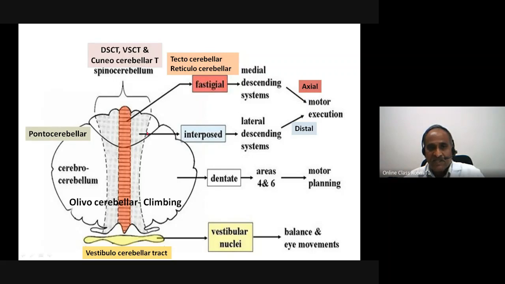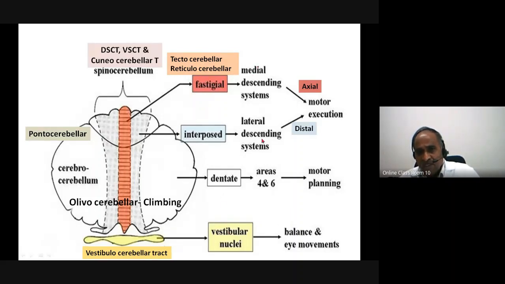The interpositus is in the intermediate part of the cerebellum. It has 2 nuclei, nucleus emboliformis and nucleus globosus. And this central part has the fastigial nucleus. The flocculonodular lobe shares the vestibular nuclei in the medulla.